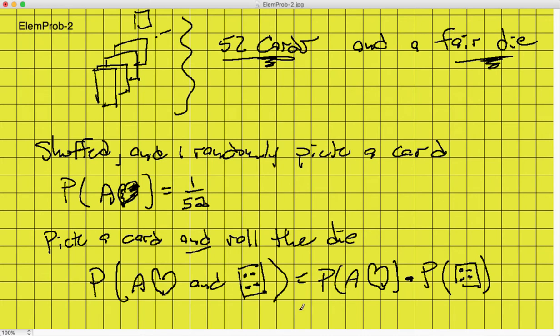That is going to be equal to 1 over 52 times 1 over 6, which is 1 over 312. Well, I think you all know where we're going with this. This is the notion of what's called independent events.